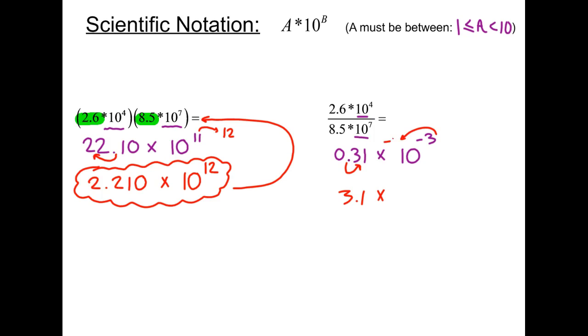So that's now going to be 3.1 times 10 to the negative 4. So you can divide and multiply and work with numbers in scientific notation as long as you know some of the properties we learned in class. All right, I hope those examples help out, and that's it.